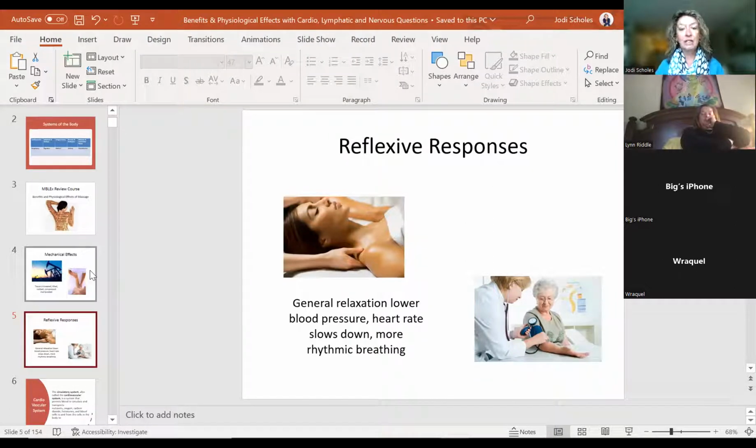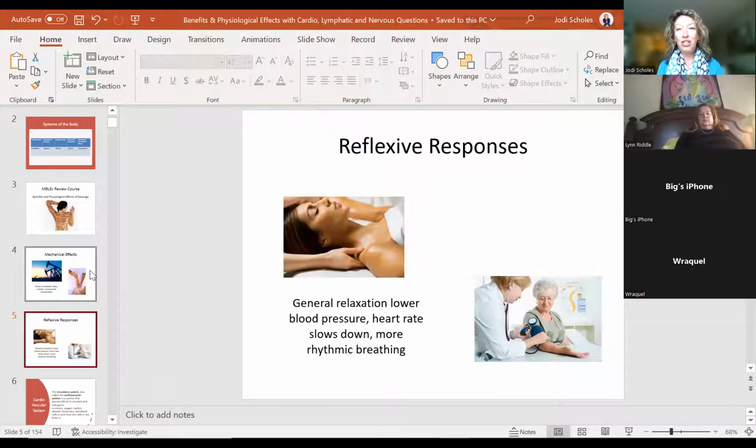Reflexive responses come from the body itself. It actually is a result normally of the parasympathetic nervous system, so our rest and digest nervous system. And we're going to cover both parasympathetic and sympathetic nervous systems in just a few minutes. But the reflexive response is something that our body is doing on its own.